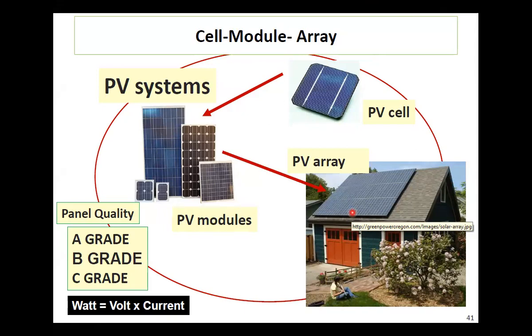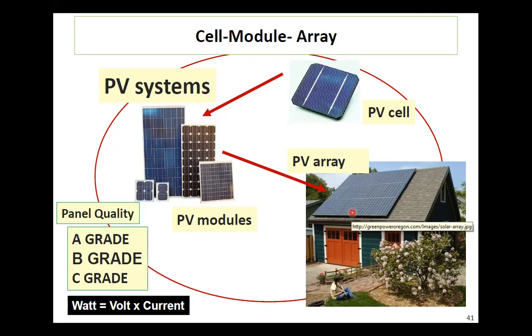And if the cell is of B grade or C grade, then it is more disturbed by the temperature. If the temperature of the area is high, then the panel will not be providing you much efficiency. So C grade panels are normally cheaper as compared to the A grade panels.